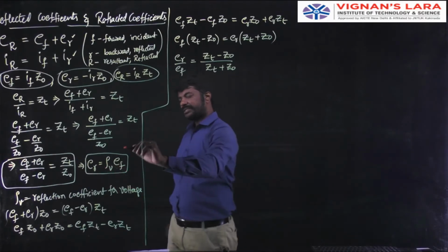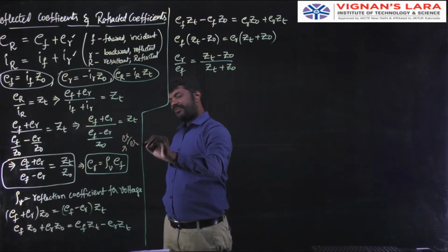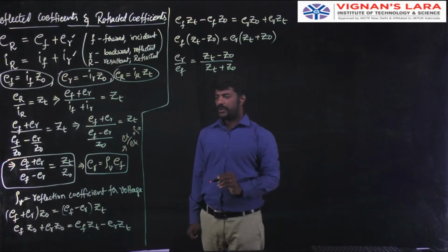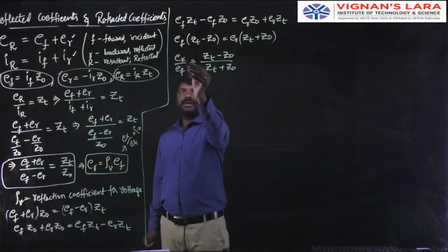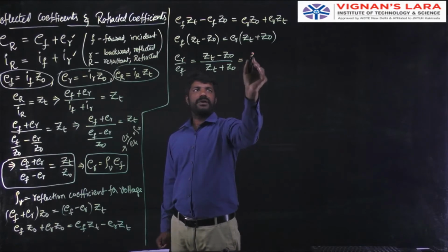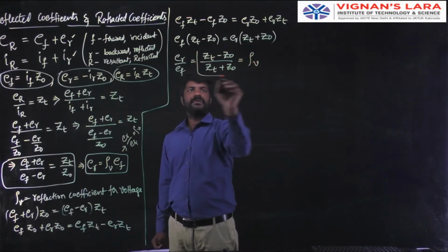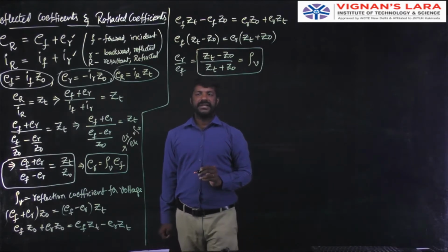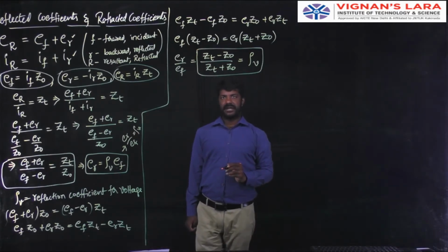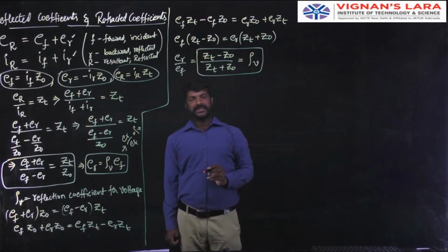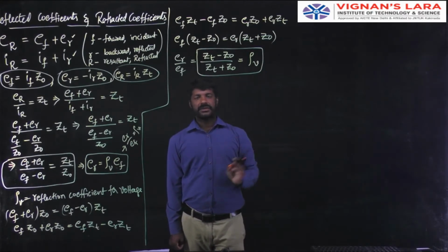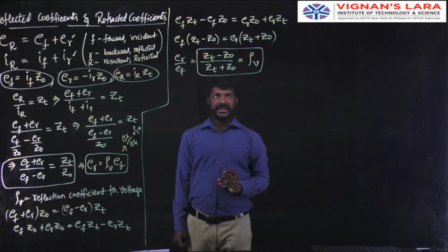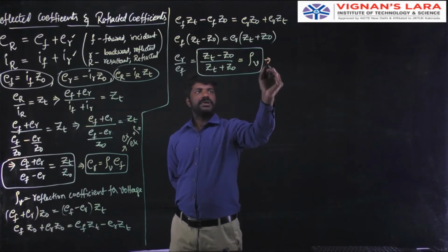I mean to say that ER by EF is equal to rho V. Here we got the ratio ER by EF, which now I will call rho V. Finally, the formula for the reflection coefficient of the voltage is rho V equal to ZT minus Z0 by ZT plus Z0, where ZT is the terminated impedance, generally at the load side, and Z0 is the characteristic impedance of the transmission line. So rho V is obtained.